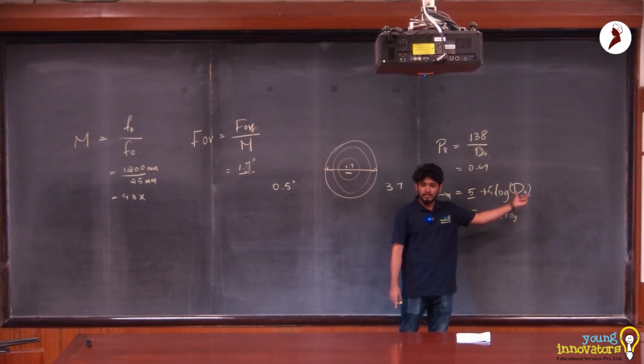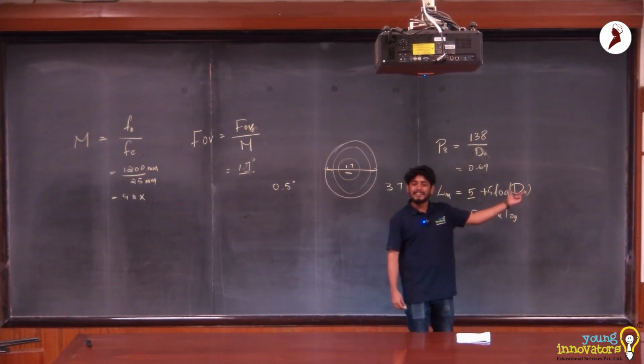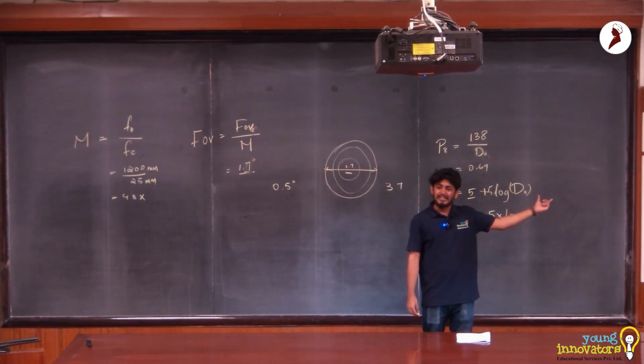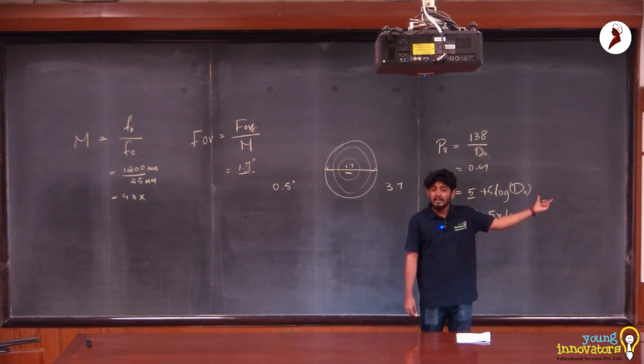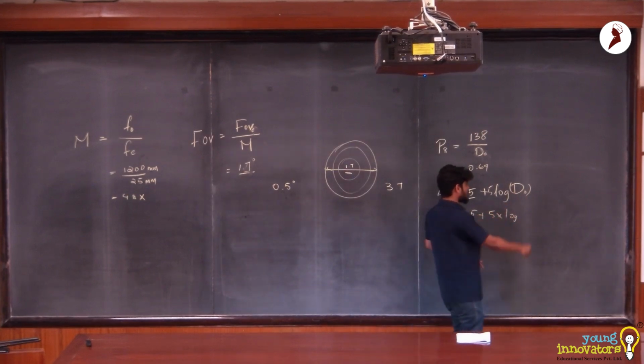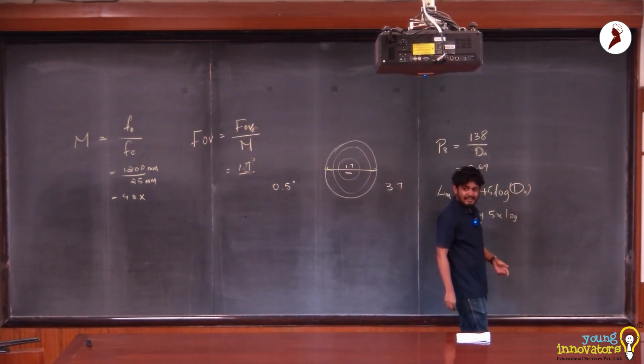What should you do? Convert millimeter into centimeter. 130 millimeter is 13 centimeters, right? So put 13 here, and see how much you get.